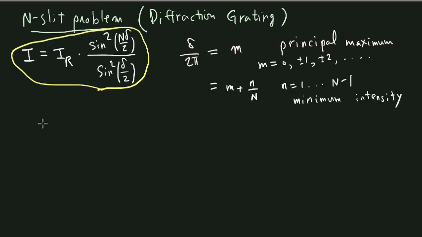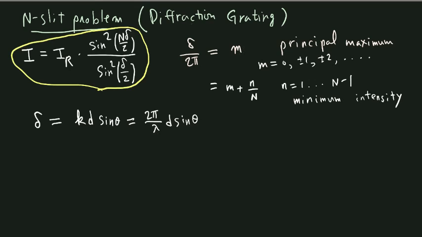Now let's express this in terms of d sine theta and so on and so forth. So delta is kd sine theta, which is 2 pi over lambda times d sine theta. So if you do delta over 2 pi, then this 2 pi will go away, and then this lambda can be put on the right-hand side.